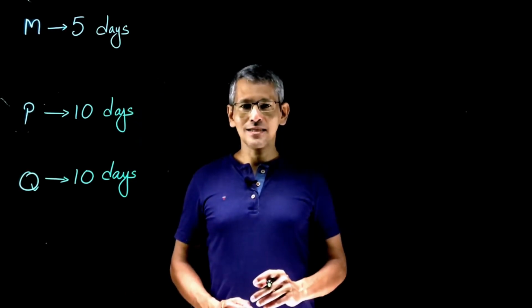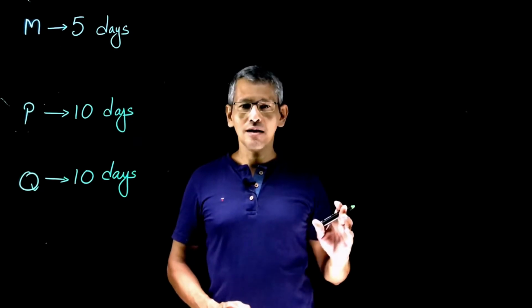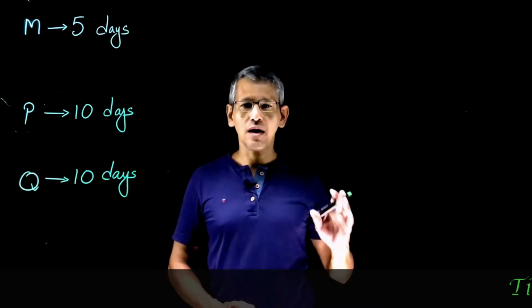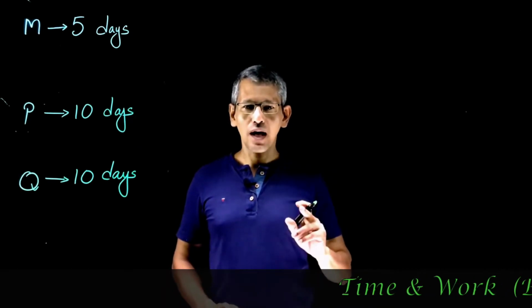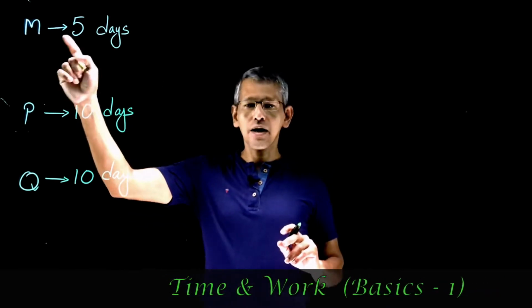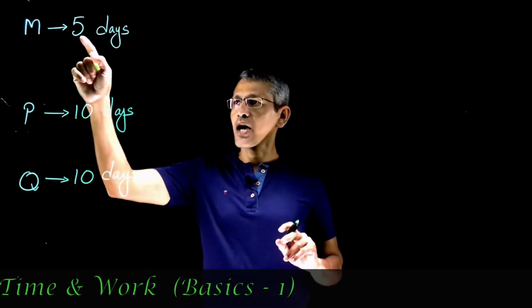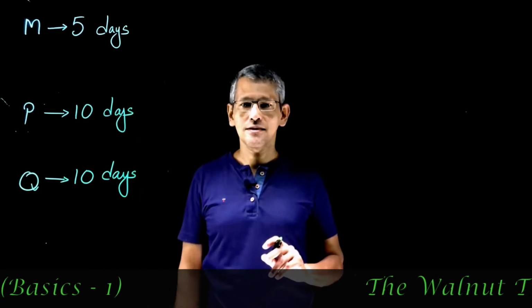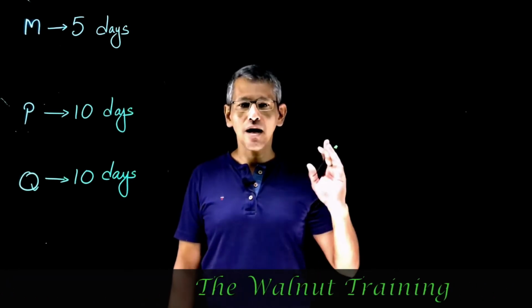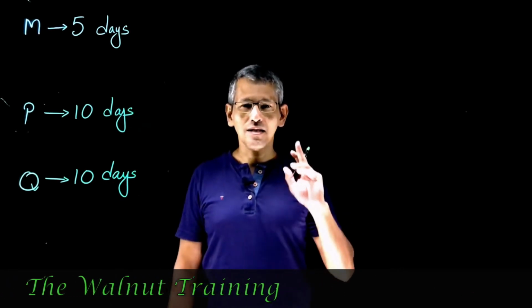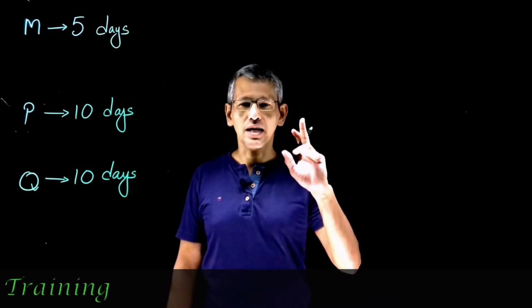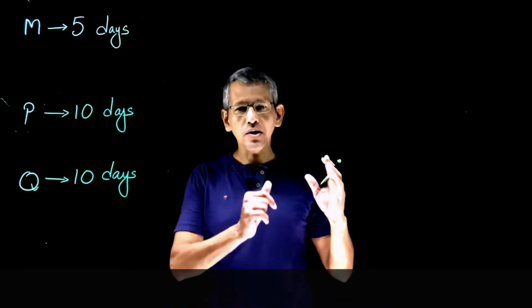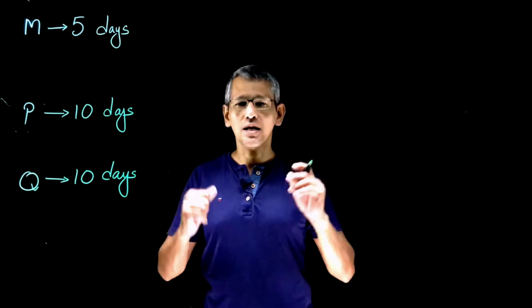Let's take a look at time on work, the basics of the time and work area today. Mahesh can do a task in 5 days. If he can complete the task in 5 days, let's assume that he works for 1 day. How much of the task can he complete in 1 day?